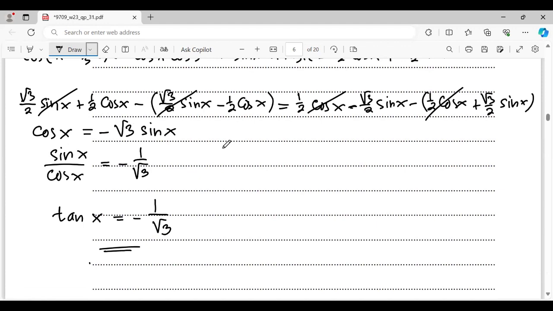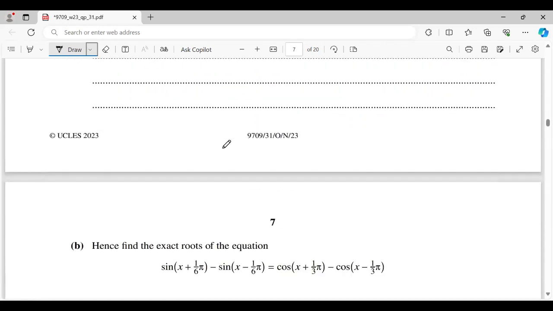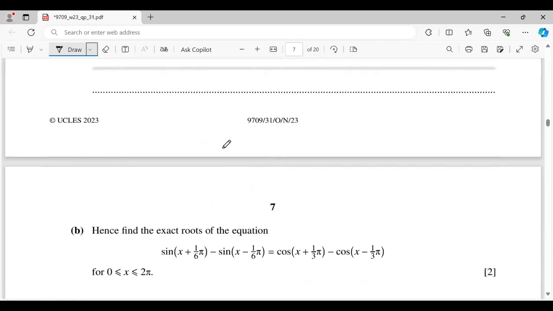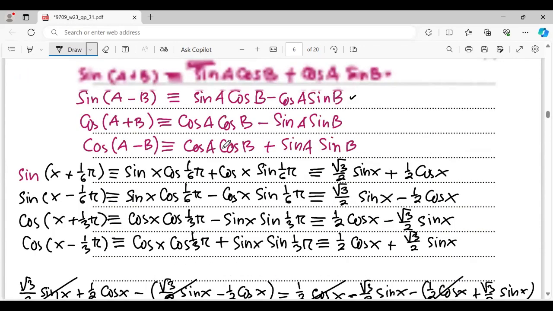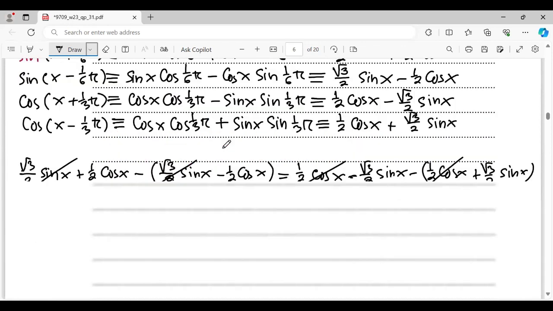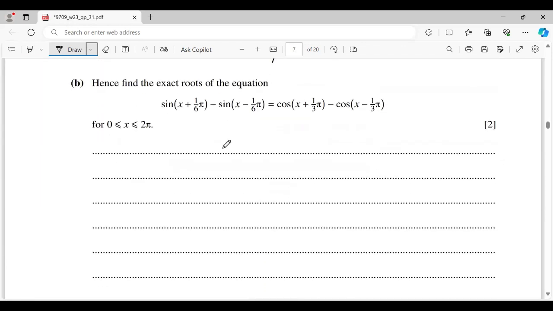Okay, next, this is 5A, next 5B. Hence, find the exact roots of that equation.